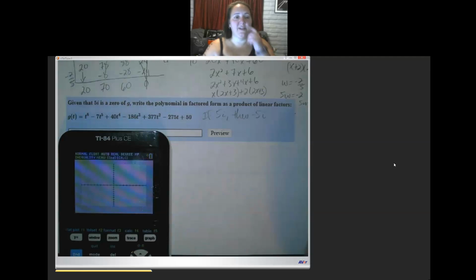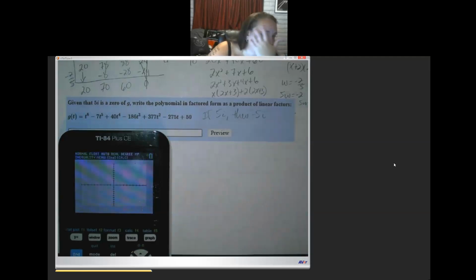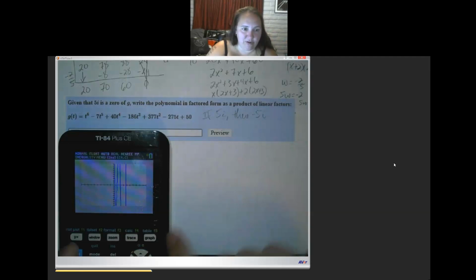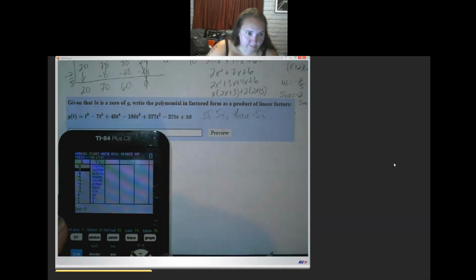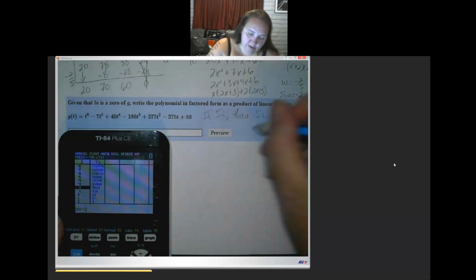So just like I did on the question above, I'm going to take the time to graph this and see if I can get any other zeros from the graph, because it certainly made my life easier when I found them. Wow, that was helpful. Check the table. Look at that, both 1 and 2.